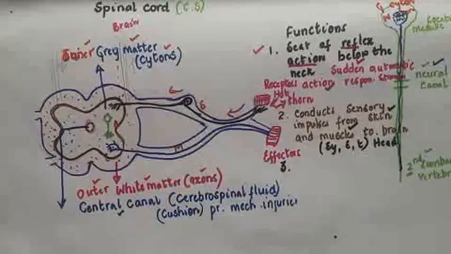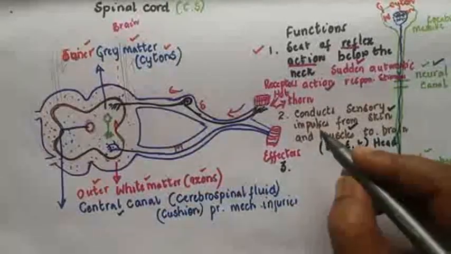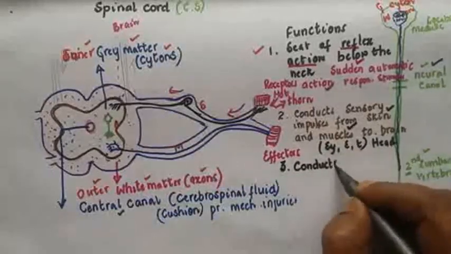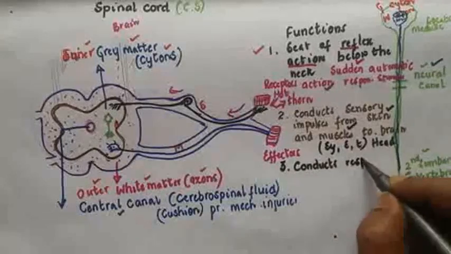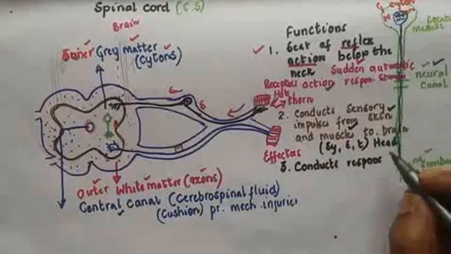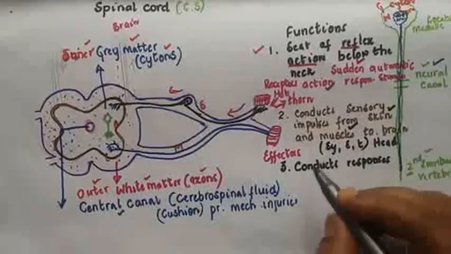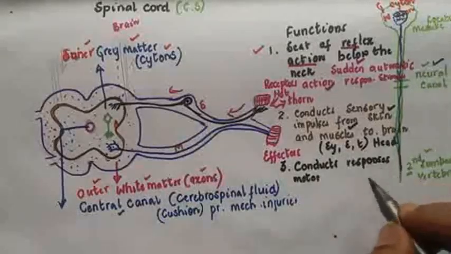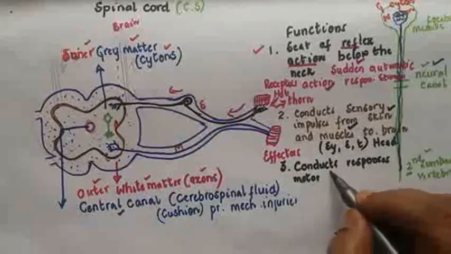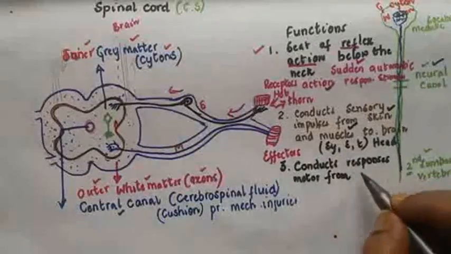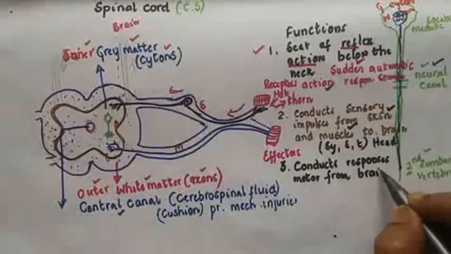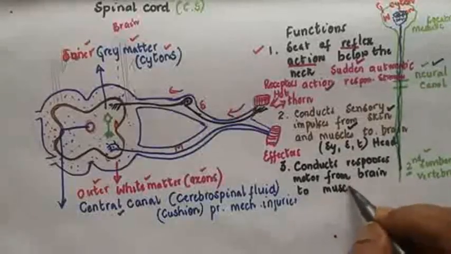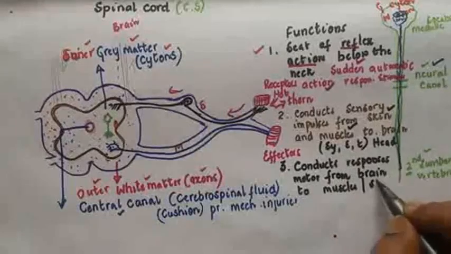So what is the third function of the spinal cord? The spinal cord conducts responses. What type of responses? That is motor responses from brain to the muscles and skin.